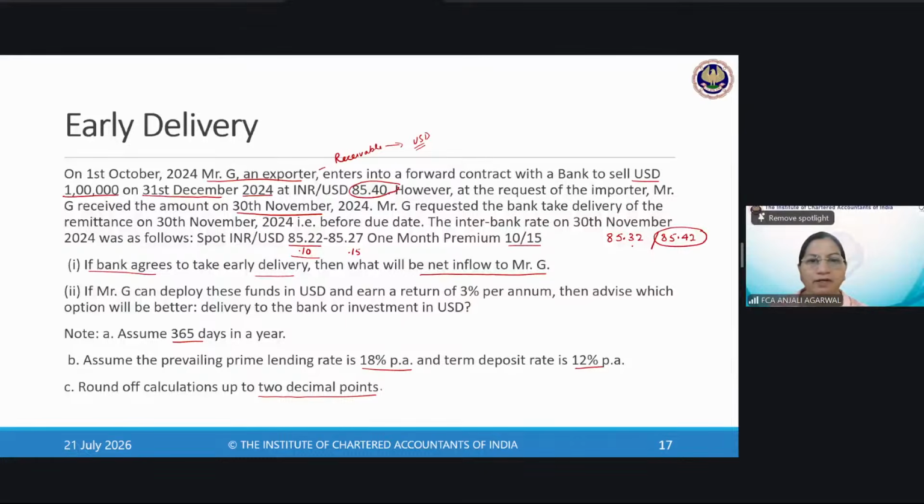So the spot rate is expected to be 85.32. If the spot rates are given, the interbank rate on 30th November, spot INR USD this and 1 month premium this, he would have sold at 85.32.